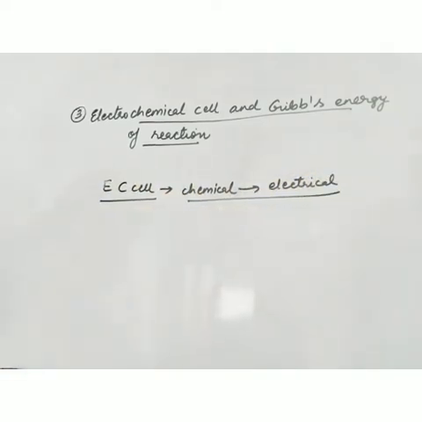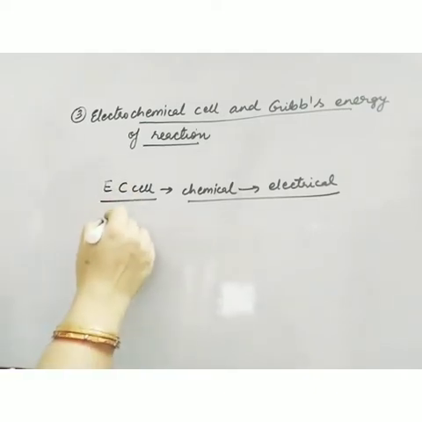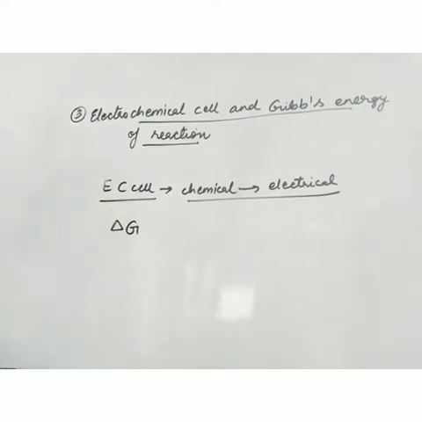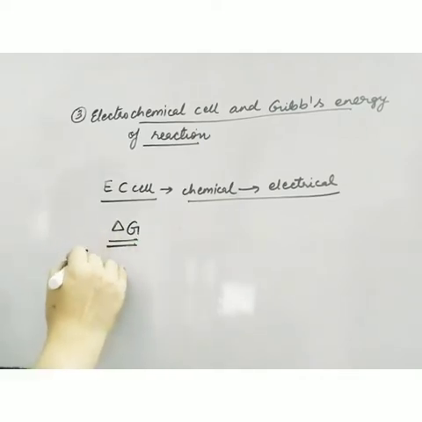Chemical energy is converted into electrical energy. Therefore, your electrochemical cell is doing work by transferring the electrical energy through the electrical circuit. It means some sort of work is done by the electrochemical cell, and this work which is done by the electrochemical cell is calculated in terms of delta G, and this delta G is your Gibbs free energy.